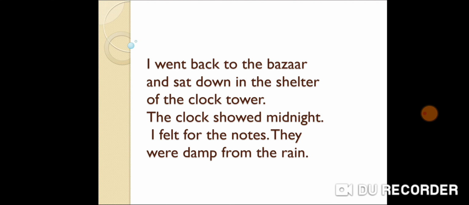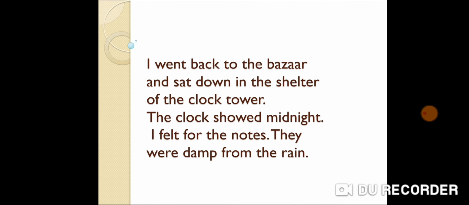Now, from that garden, he went back to the bazaar and took shelter in the clock tower, where he sat down. Now he looked towards the clock and it was midnight.